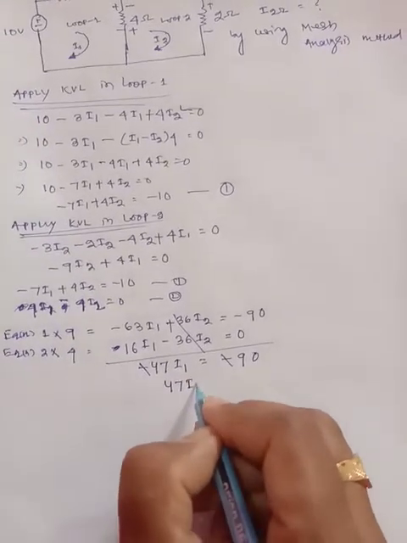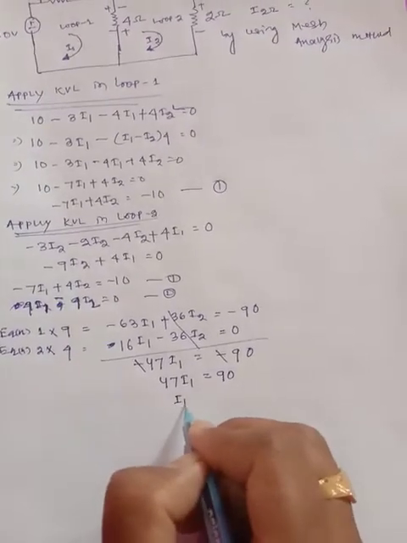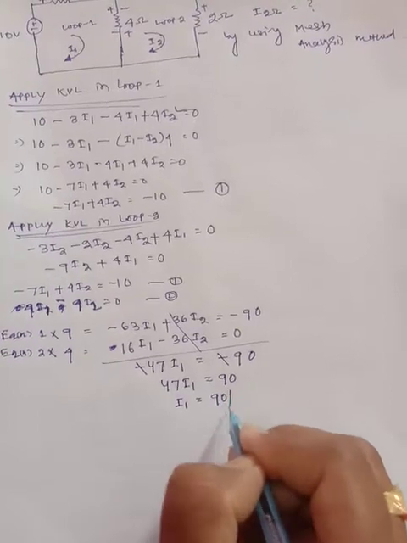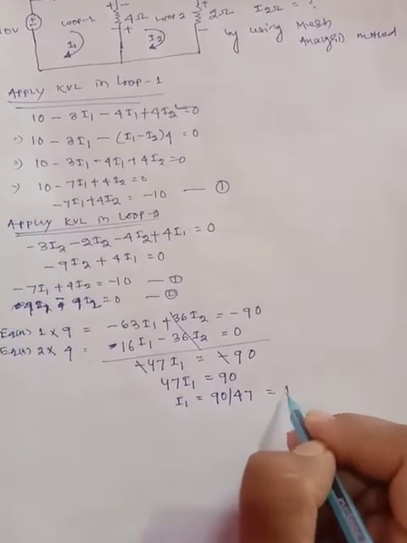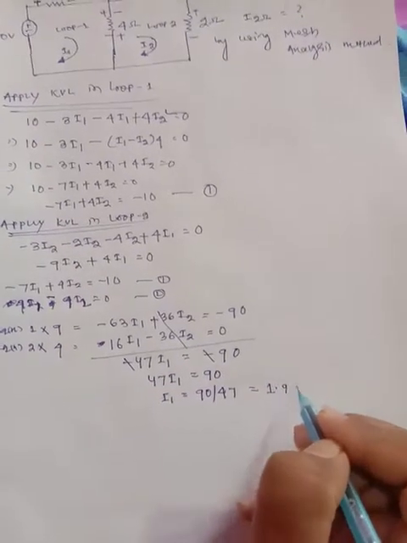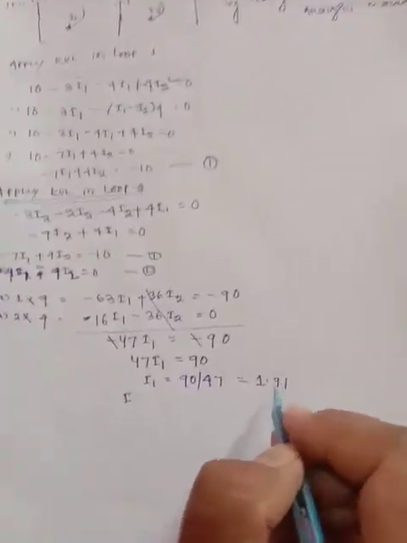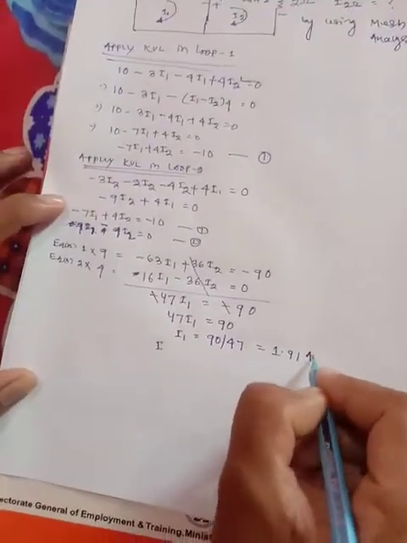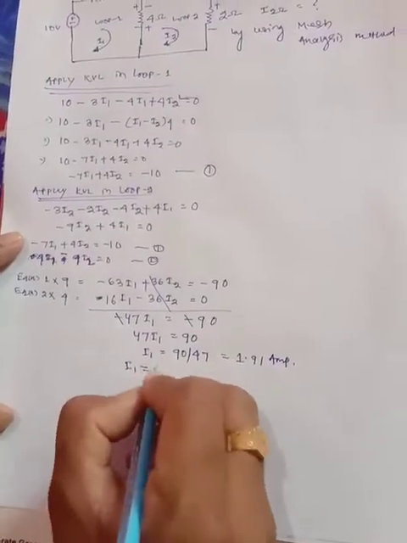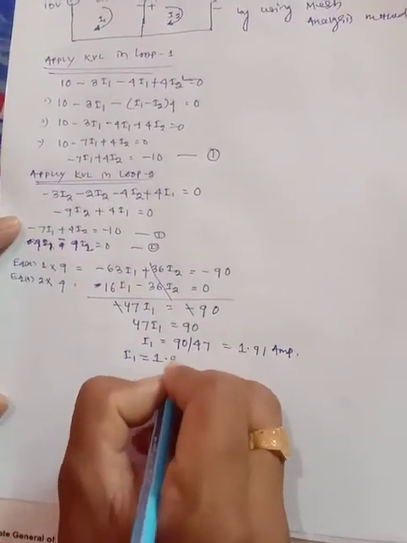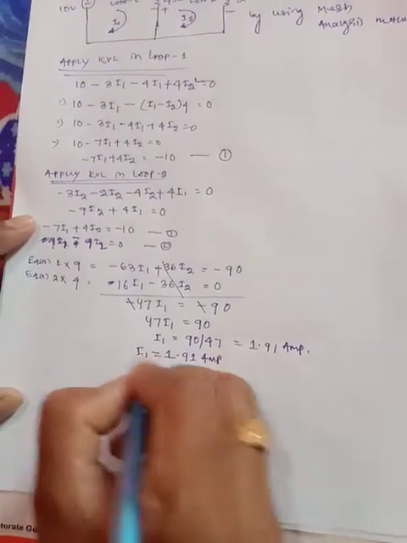Minus cancels, so 47I1 equals 90, I1 equals 90 by 47 equals 1.91 ampere. The unit of current is ampere. So we got the I1 value, 1.91 ampere.